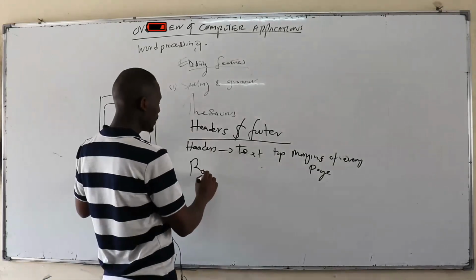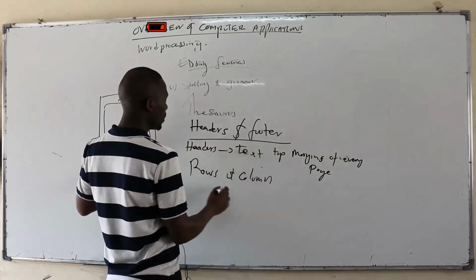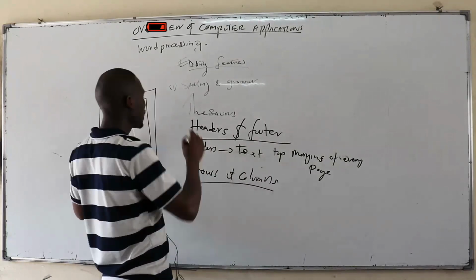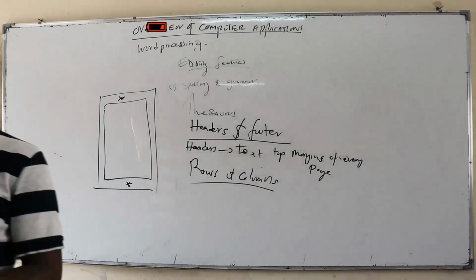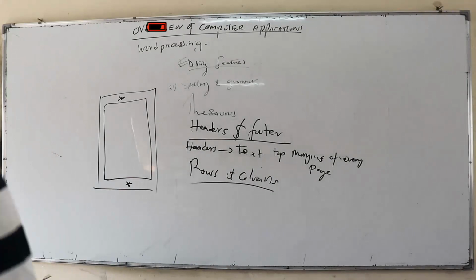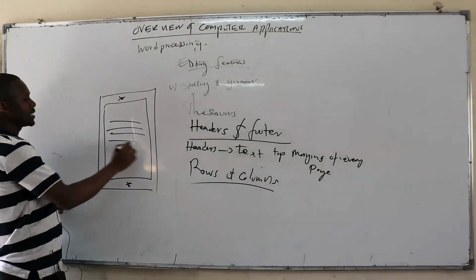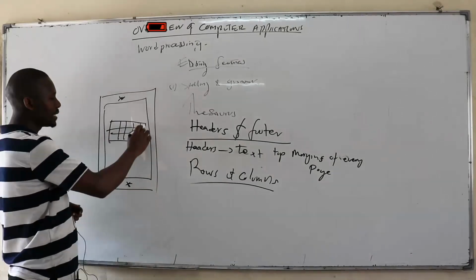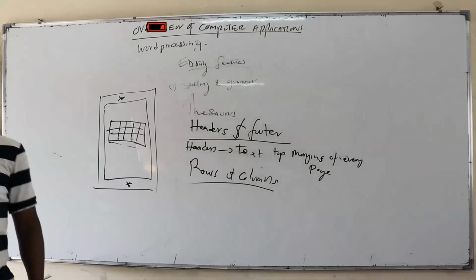You can have rows and columns and you can feed data there.